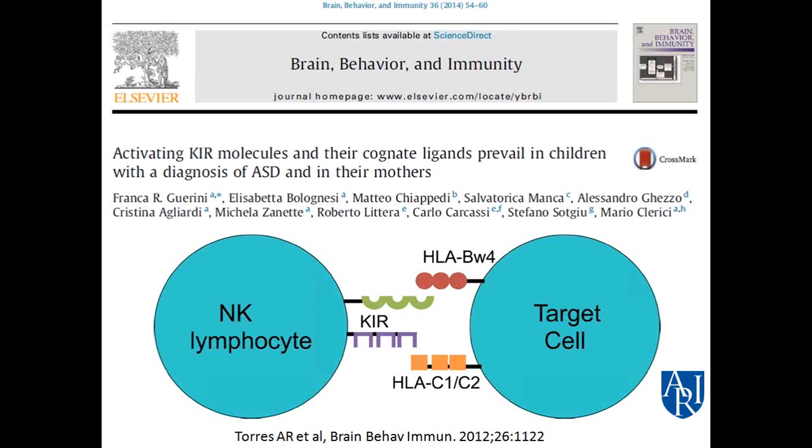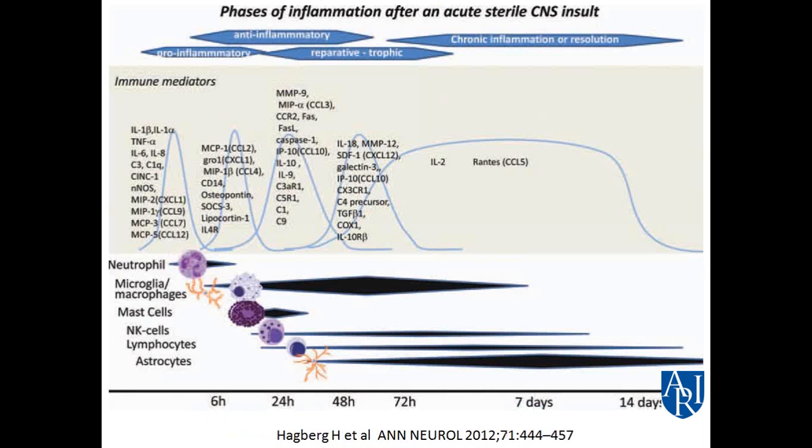These are exciting clues. Now this is from a paper by Hogberg et al. in the Annals of Neurology in 2012, showing the phases of inflammation after an acute sterile insult. You don't need bacteria to get this insult. You can have it from any kind of toxic exposure or an injury.